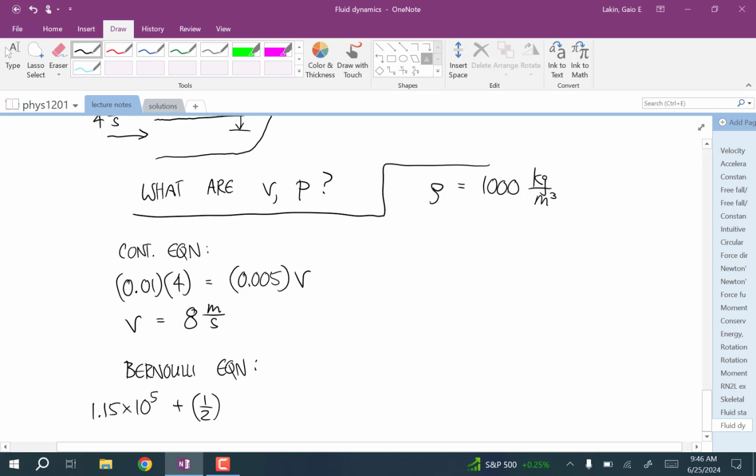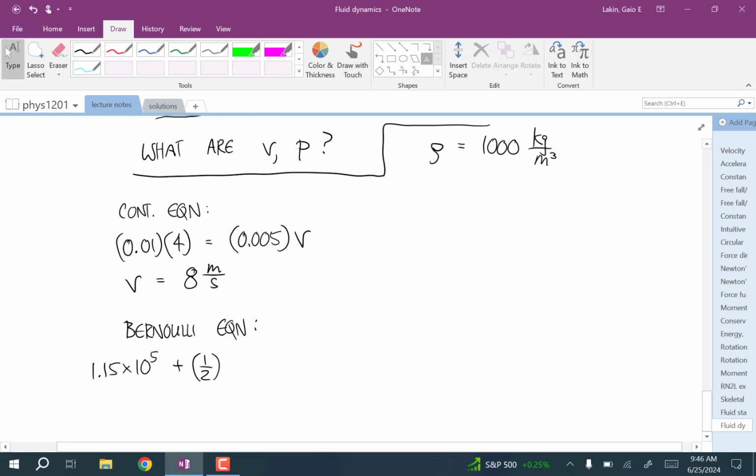Seawater is a little higher. Some other bodies of water, like the Dead Sea, are higher than that. But for fresh water, this is the density, if you're near room temperature and standard atmospheric pressure. So 1/2 times the density of water times the speed squared. This is on the left side, so that's 4.